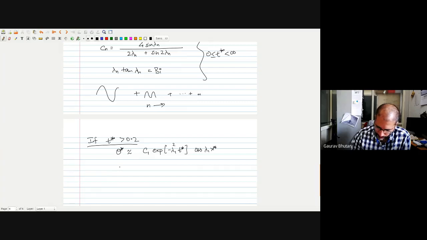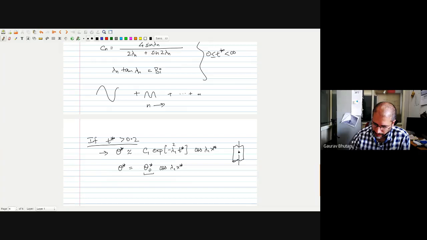Yeah, we sometimes also write this as theta star equals theta naught star times cos lambda 1 x star. So we call it theta naught because if you take this solution and you put x star equals to 0, that is the center line.